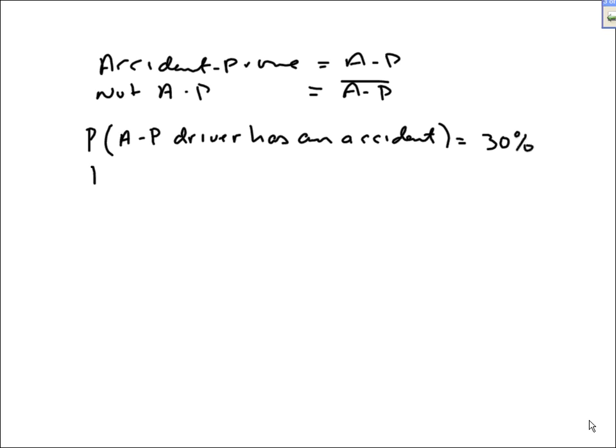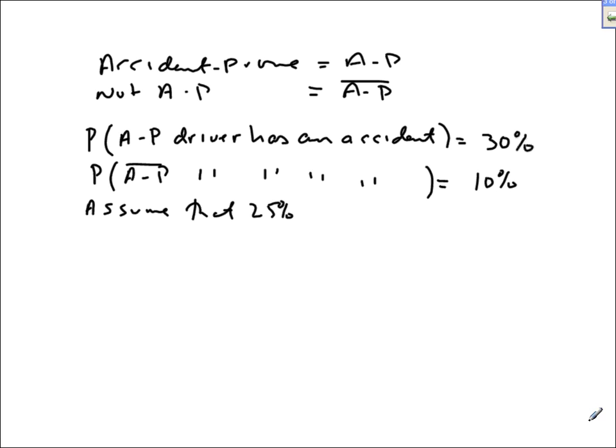And the probability that a non-accident-prone driver has an accident is going to be, of course, substantially less. Suppose 10%. Now assume that a quarter, or 25%, of drivers are accident prone.